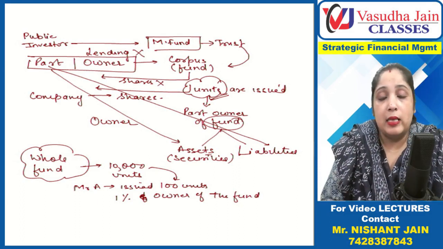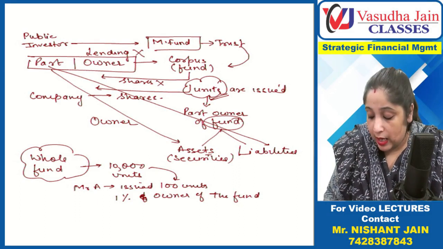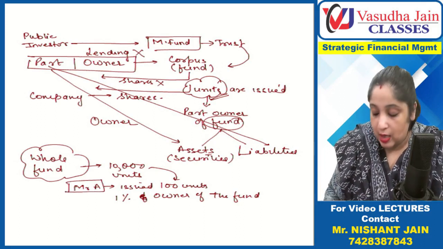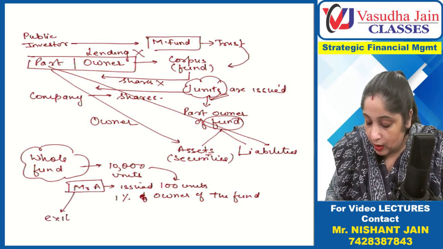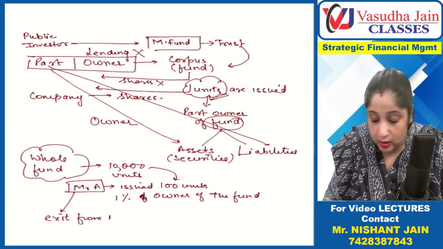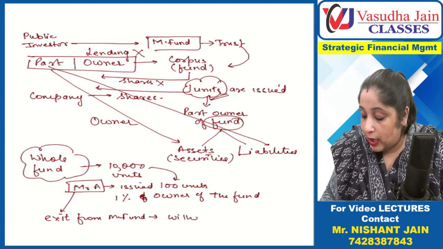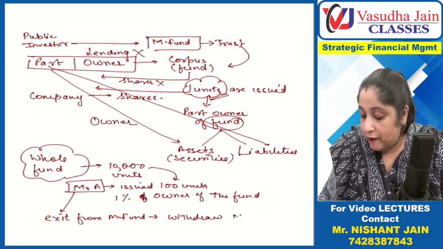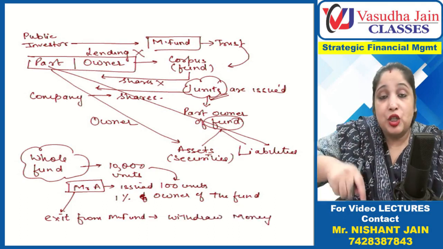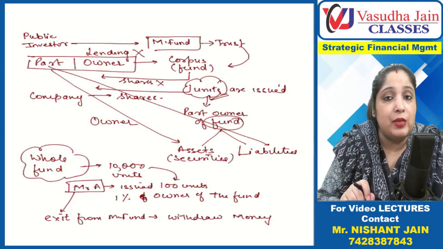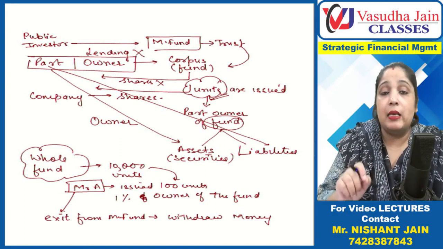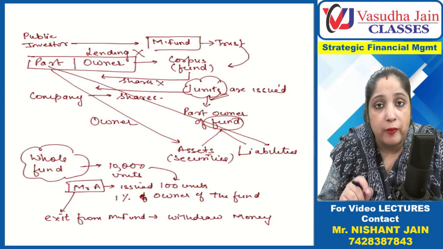Now does that mean that when Mr. A, listen to this carefully, when Mr. A wants to exit from mutual fund, when Mr. A wants to withdraw his money from mutual fund, will his share of assets and liabilities be sold out? Will his share of assets be sold out for him?